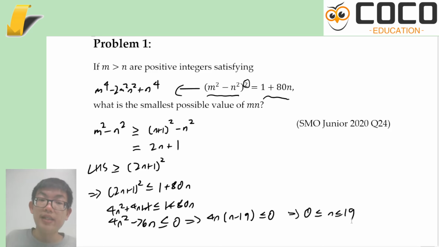Now incidentally, if n goes from 0 to 19, then of course the smallest possible value is not necessarily 19.